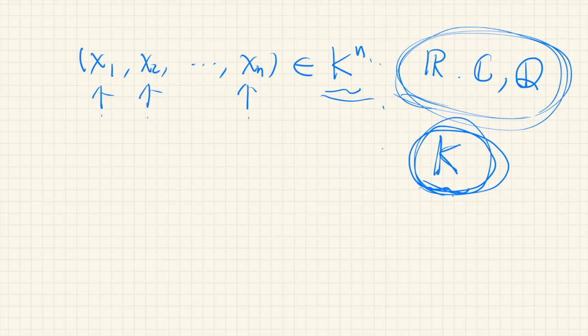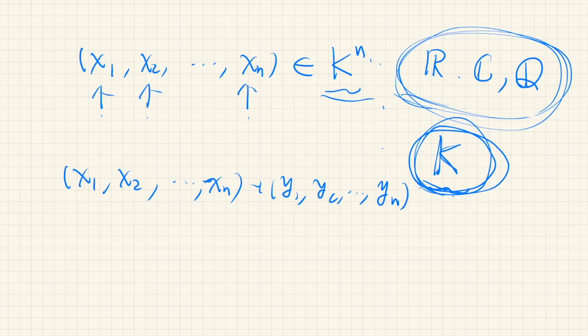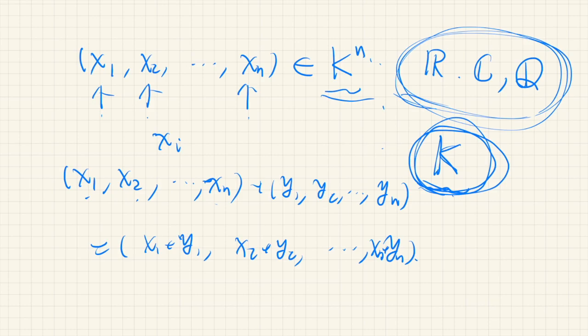So in that case, addition is just defined similarly: x1, x2, and so on, xn plus y1, y2, and so on, yn is equal to x1 plus y1, x2 plus y2, and so on, and xn plus yn. And each of these x1, x2, and y1, y2, and so on are elements of this field K.